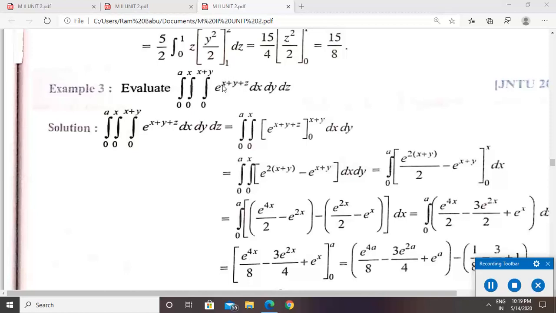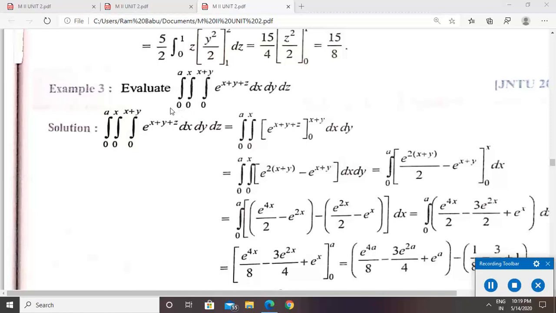Okay, and for the second integration, since limits are in the function of x and the constants are x and y, we have to consider the limits as y is equal to 0 to y is equal to x.